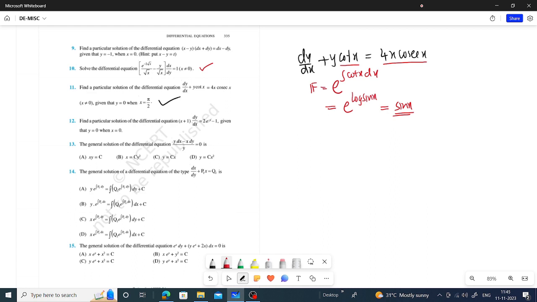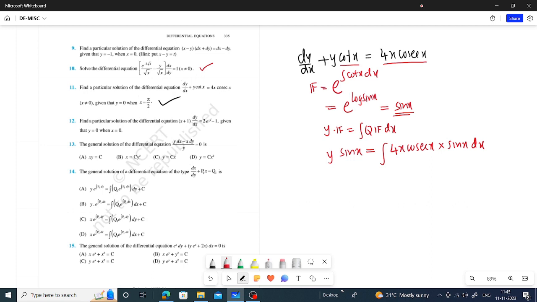Now the solution of this linear differential equation is y into integrating factor equal to integral of q into integrating factor dx, so y sin x equal to integral 4x cosec x into the integrating factor, sin x, dx. Now we have a convenience here. Cosec x and sin x, they will cancel.